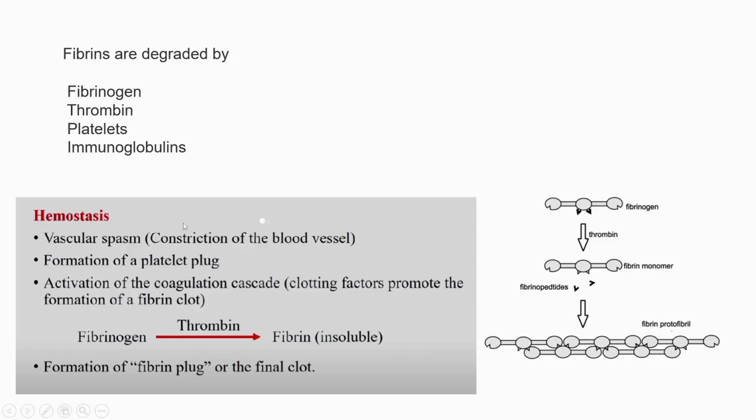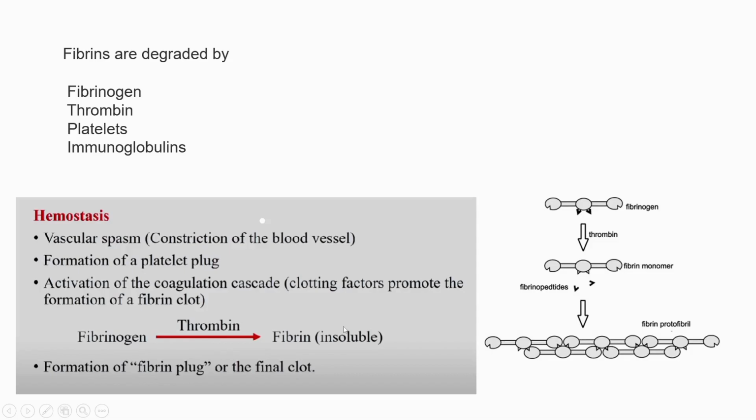After vascular spasm due to injury, there is formation of platelet plug, and then the coagulation cascade is activated. Here the thrombin converts fibrinogen into fibrin.